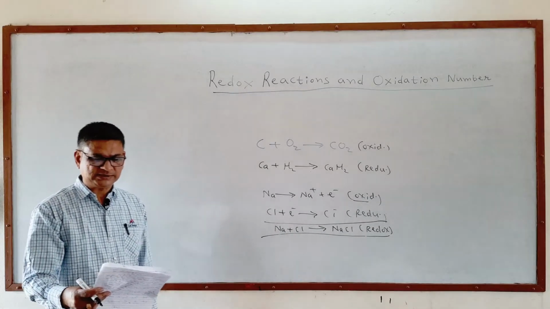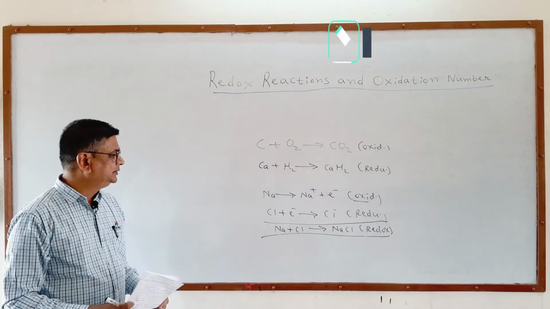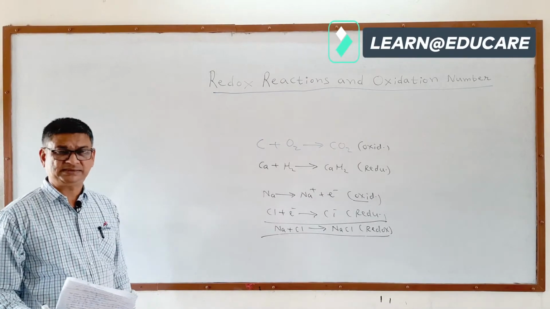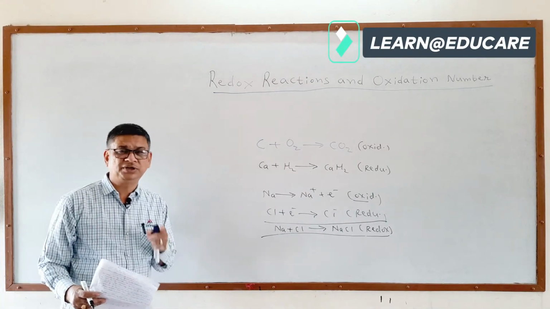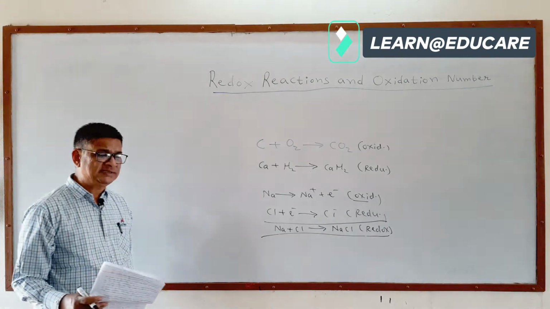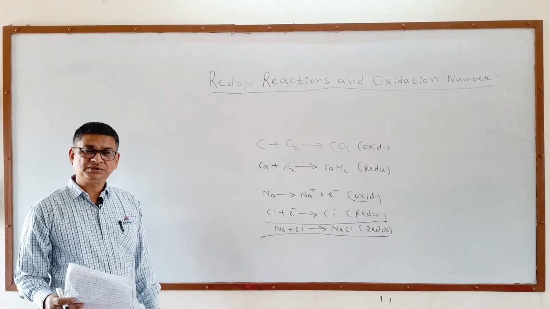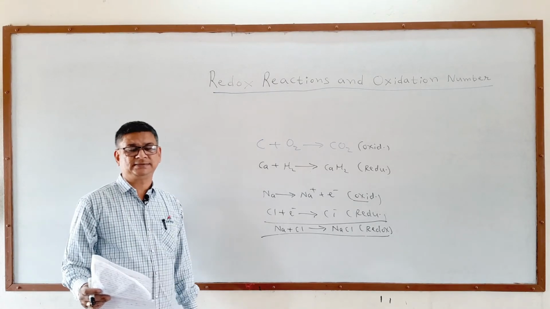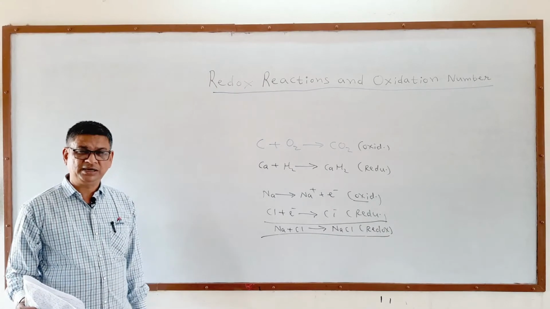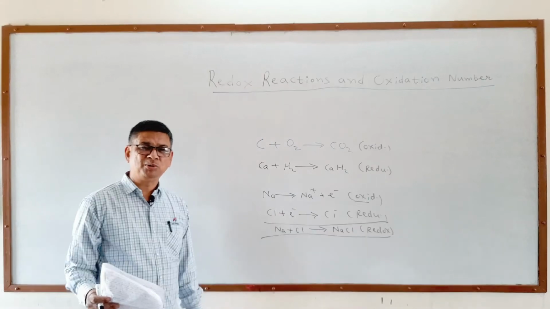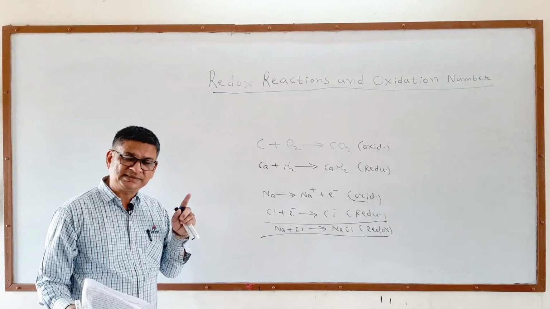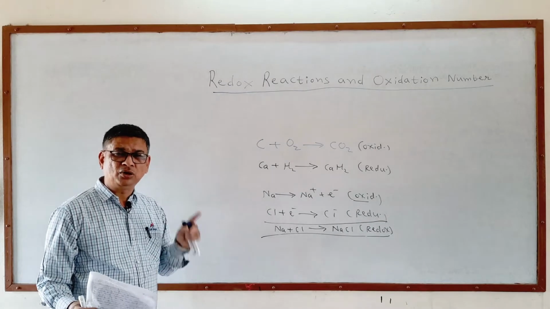Now practically, it is difficult to decide in some cases which substance is oxidized and which is reduced. Therefore, chemists have the concept called oxidation number. Oxidation number is defined as the numerical charge of the atom of that element present in its atom, ion or molecule.